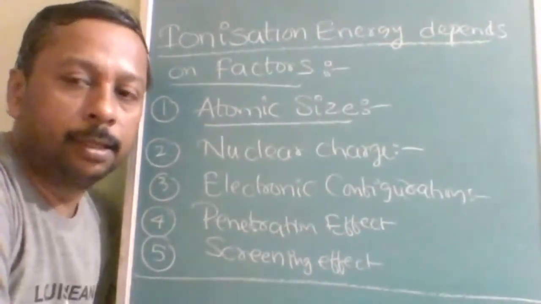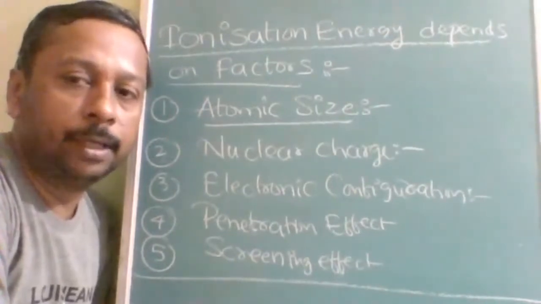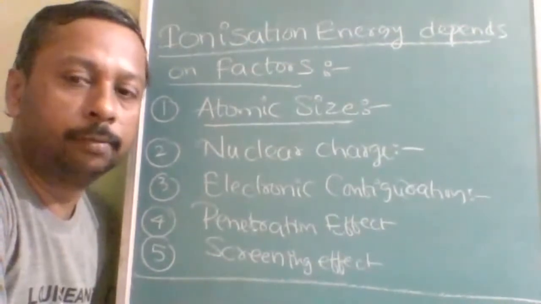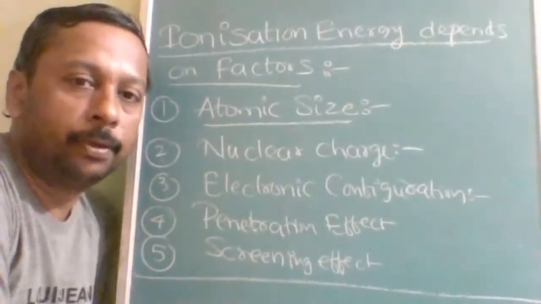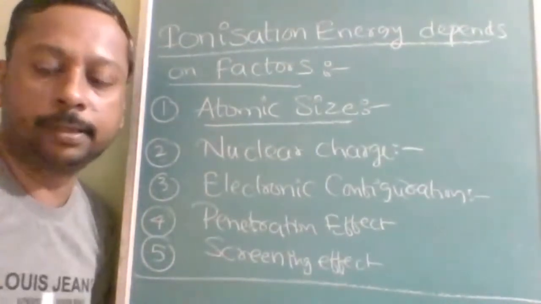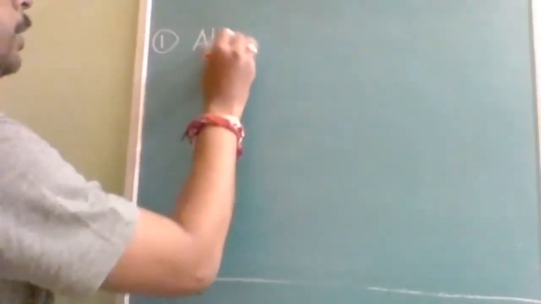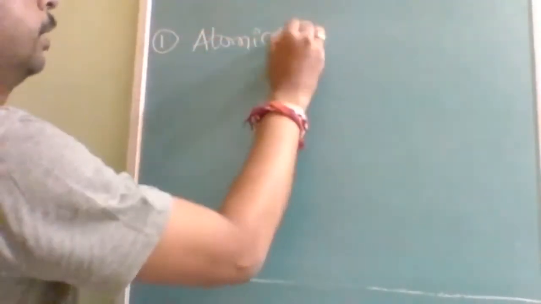And what factor, how questions will be coming, that we are going to do now. Understood? First, remember all these 5 factors. Okay. Note down these 5 factors, then we will discuss one by one. Okay, let's discuss one by one. First factor is atomic size. What is the first factor?